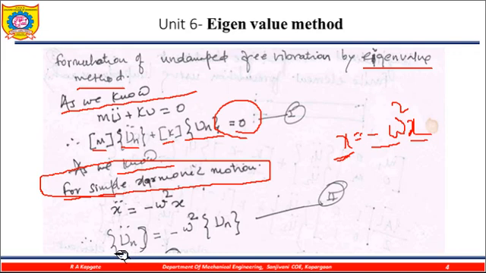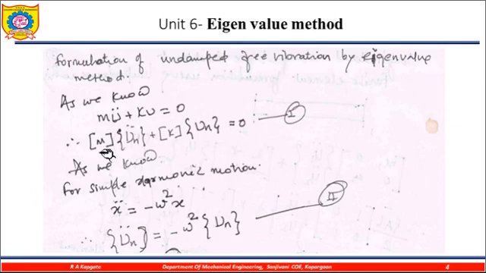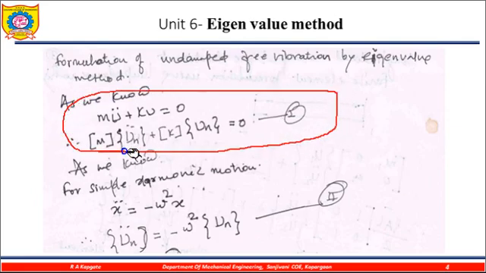That is my displacement matrix: u double dot, the acceleration matrix, is equal to minus omega square into u. Now this one is replaced by this formula, minus omega square into u. Let us put this equation 2 in equation 1. This is my equation 1, that is the general differential equation.